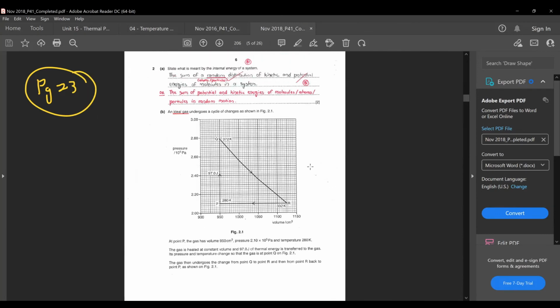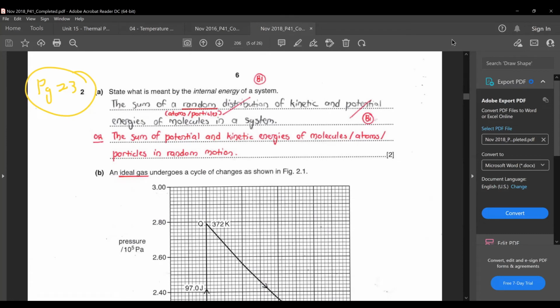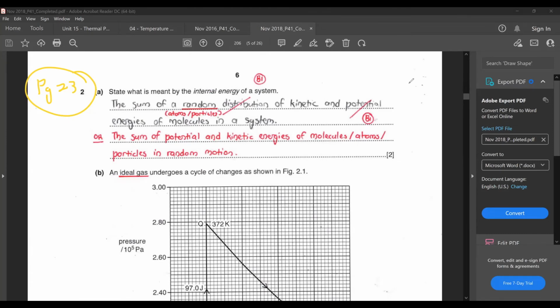All right, now, what is meant by internal energy of a system? This is a definition that almost always will come out when it comes to thermal properties. So internal energy of a system is the sum of a random distribution of kinetic and potential energies of molecules in the system. There are 2 marks allocated. 1 mark is for mentioning random.